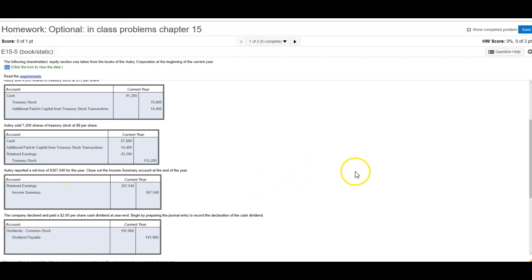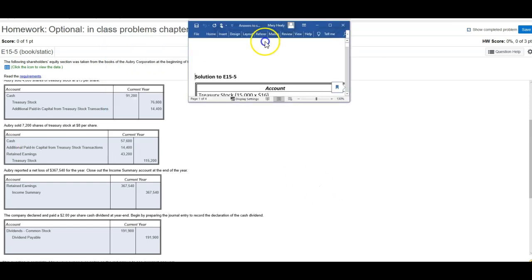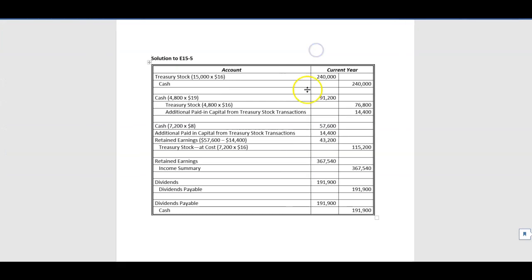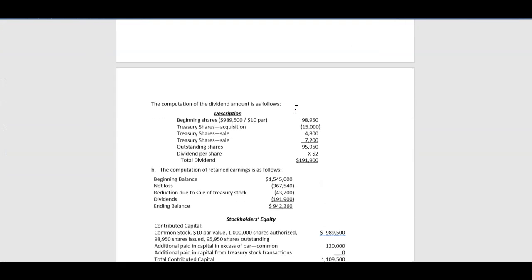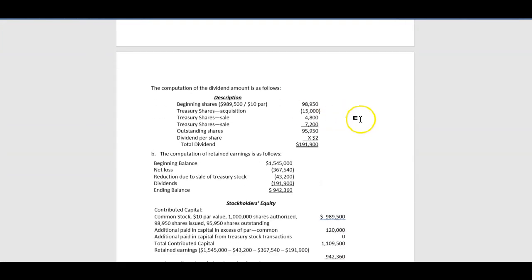The next tricky part comes in declaring the dividends. We only pay dividends on the shares that are outstanding. So we have to figure out how many shares of stock we pay the dividends on. I'm going to switch over to a different page here, and you have access to this; it's listed under the chapter resources.